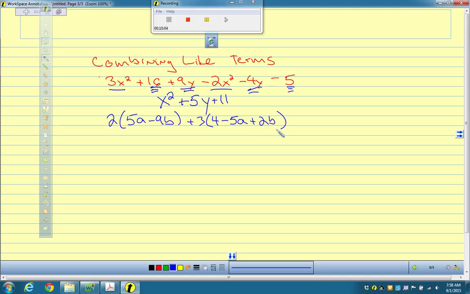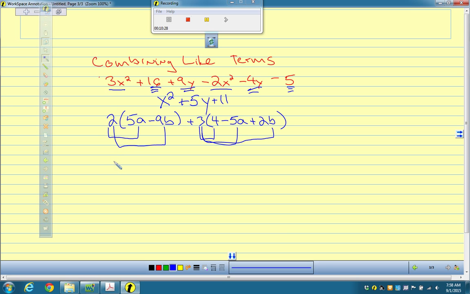In this case, first thing that you have to do is what? You have to distribute, okay? So you have to use the distributive property, which we kind of talked about yesterday. So you're going to have to multiply this times this, and this times this, and then you're going to multiply this times this, and this times that, okay? So we're going to just do that. 2 times 5a is how many a? 10a.